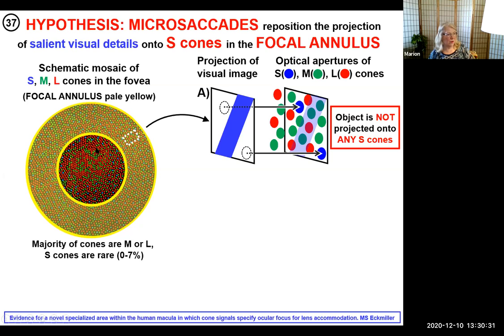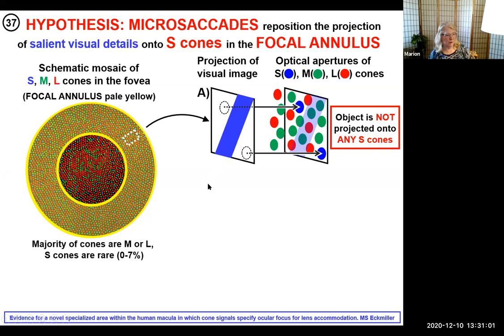So here we have, I've projected in yellow here the size of the focal annulus on some diagram of, I guess this is a photo taken with OCT of the individual cones. You'll see in the human fovea, the center of the fovea has no blue cones, but then they in fact become more prevalent, common at the eccentricity of the focal annulus.